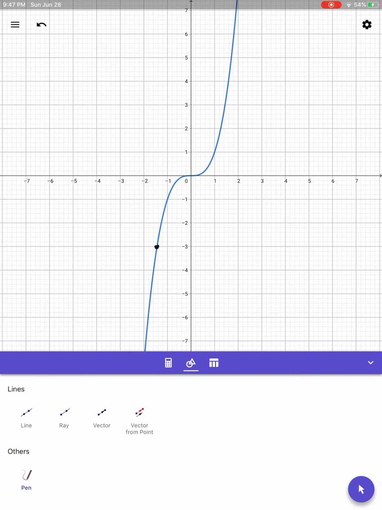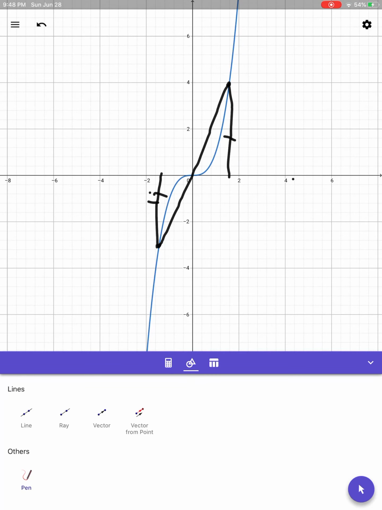So if you consider this point here, and this point here, and if I draw a line connecting these two points, and if I draw a line from this point to the x-axis and from this point to the x-axis, these two lines are equal in length, and this would be equal to this length.